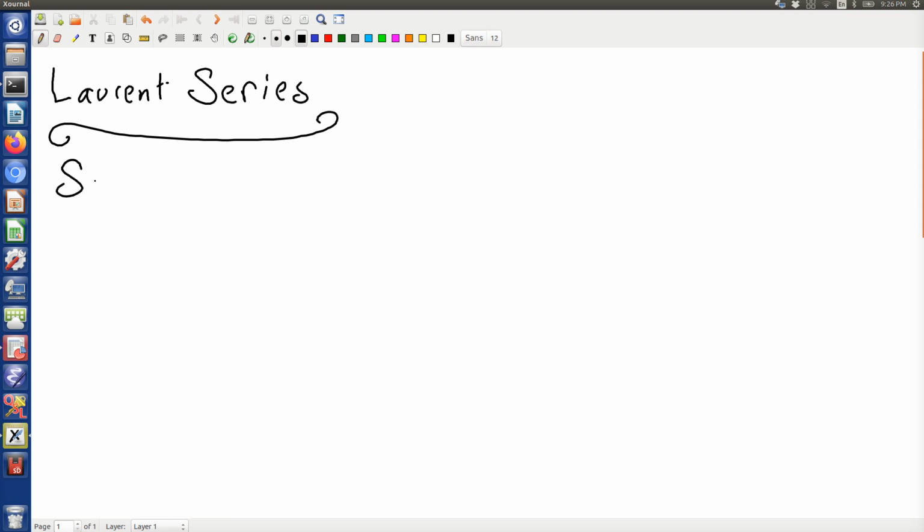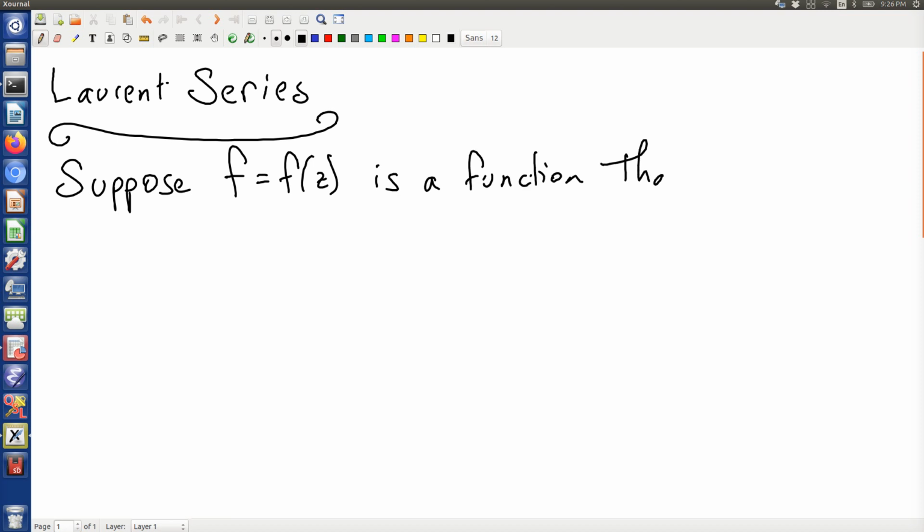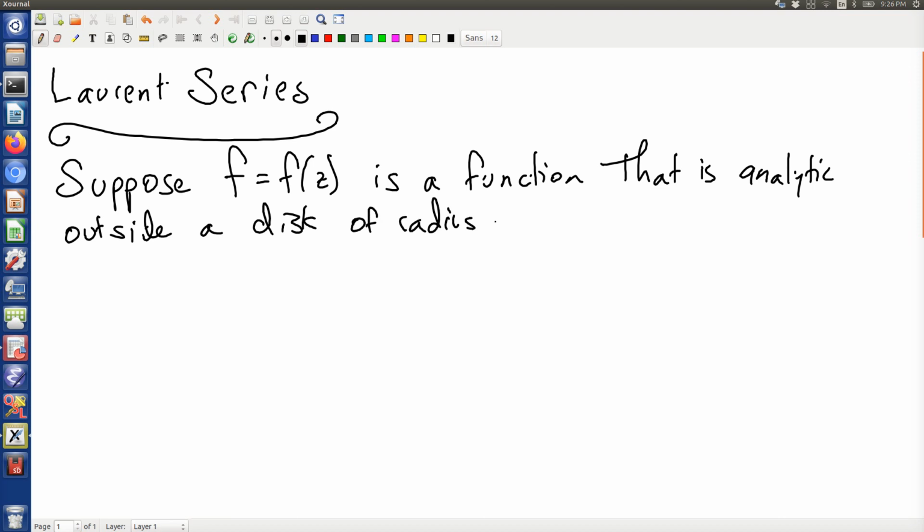So suppose f is a function that is analytic outside a disk of radius r, which means the absolute value of z is greater than r.